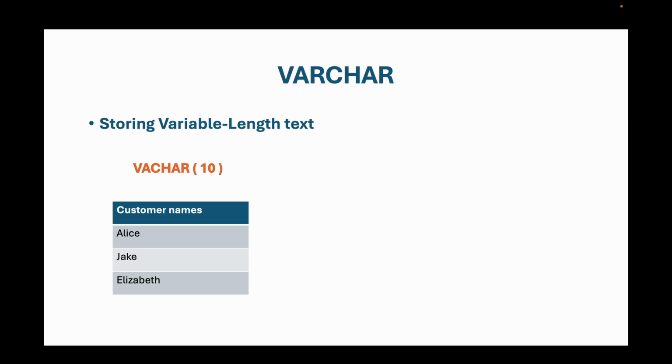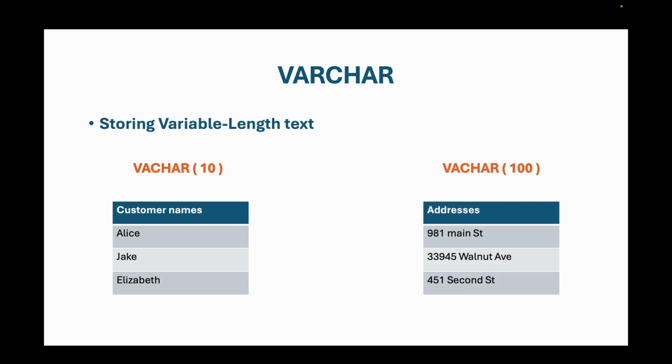But it is not going to waste your space. And if the space efficiency is important to you, when you have a data with variable lengths, it's better to choose varchar. And also, you can use it for addresses, for emails, and all data which has variable lengths.